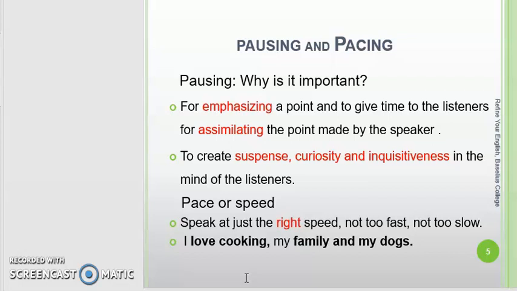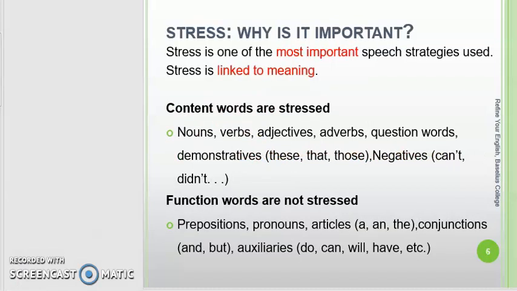Whereas I actually meant I love three things. One is cooking, two is my family, three are my dogs. So I love cooking, my family, and my dogs is what I meant. But if I say the same sentence without pause, it could have a disastrous impact on the minds of the listeners. So that's why pausing and pacing is very important.